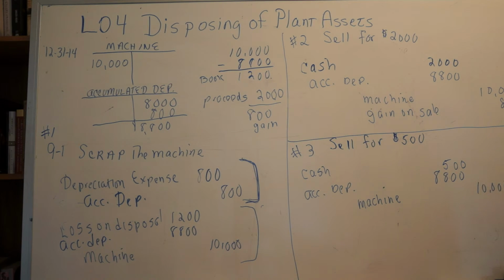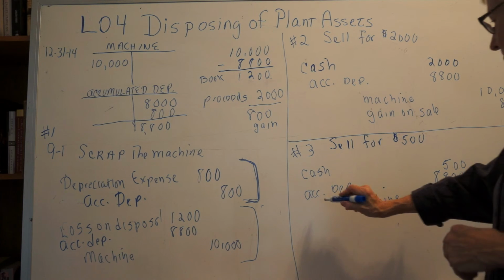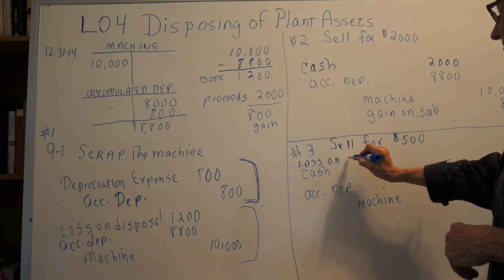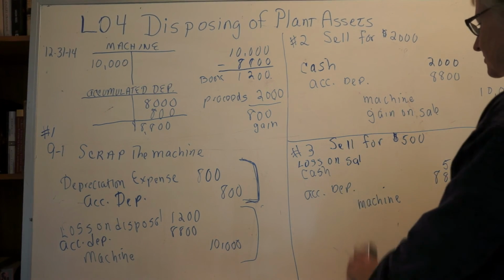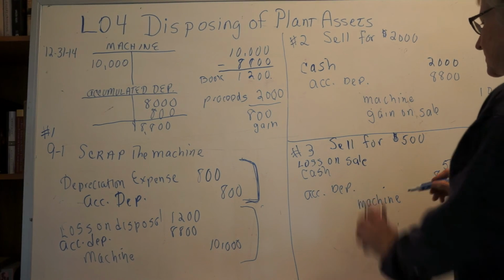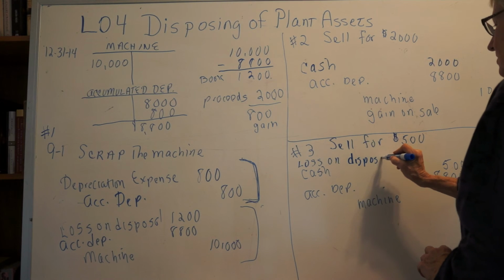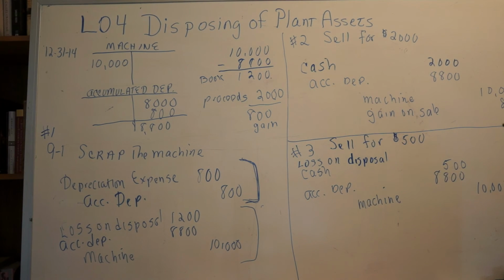So when we look at these and try to add them up, we realize that we have a loss on the sale of the machine, a loss on the sale or disposal. I guess it's just as easy to say loss on the disposal of the machine, of, I believe that comes out to $700. Okay?